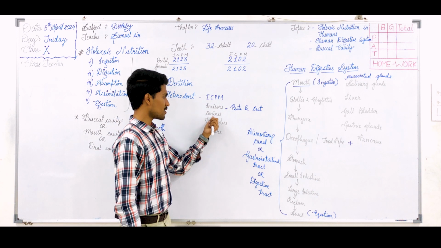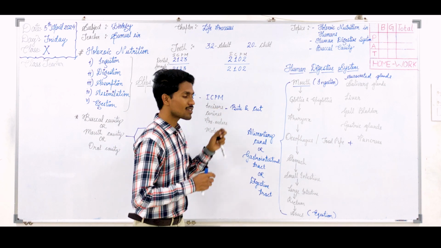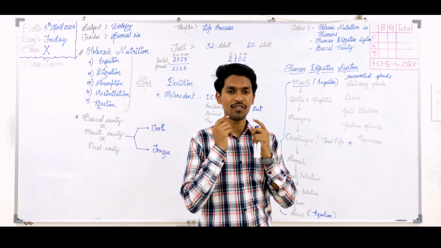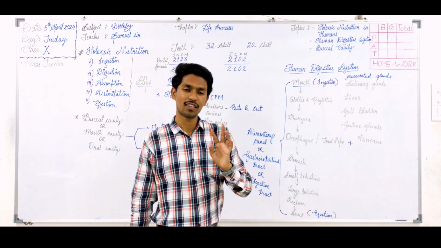Next we have canines. These are sharp pointed edges. Incisors are flat shaped, whereas canines are pointed. In order to understand this, I'll give two examples.